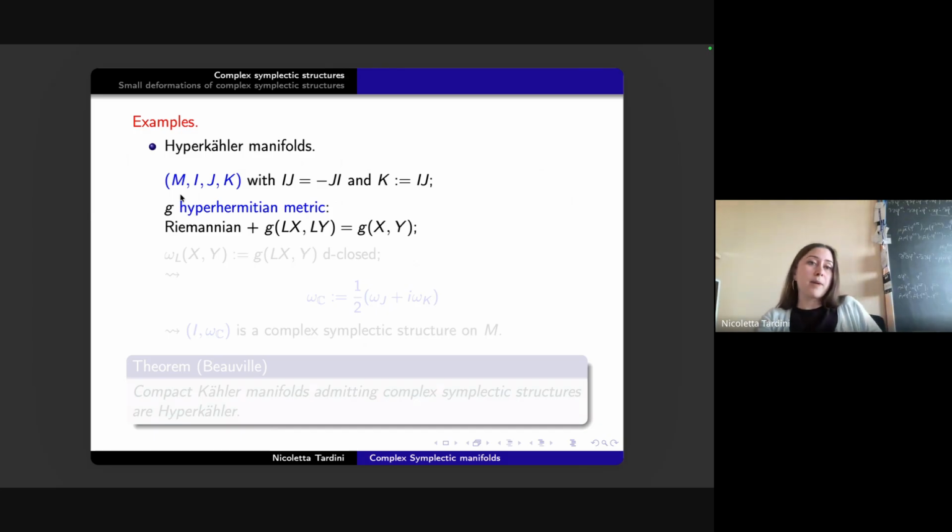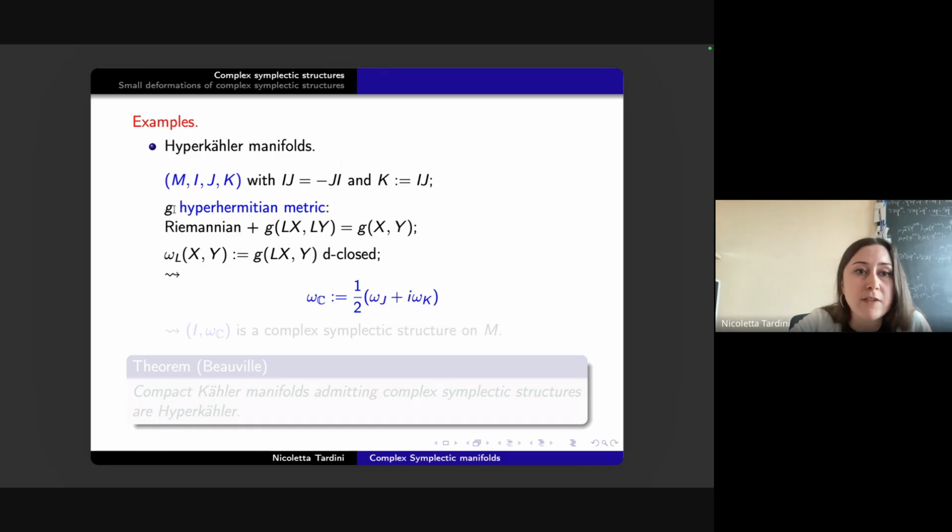Then, in fact, every hypercomplex manifold admits a hyperhermitian metric, which means that we have a Riemannian metric g that is Hermitian with respect to I, J, and K. Here L stands for either I, J, or K. So, for instance, take I: g(Ix, Iy) is equal to g(x, y) for any vector fields x, y. So g is Hermitian with respect to these three complex structures.